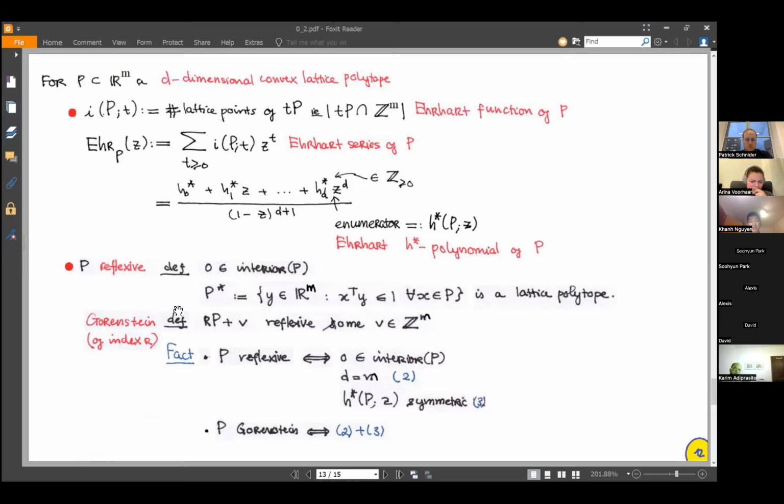Then the condition is P is Gorenstein polytope if and only if we have the two conditions 2 and 3. So from this we can see that we can study the Gorenstein property by studying the reflexive property of polytopes.